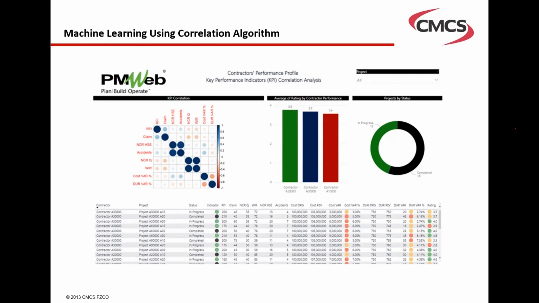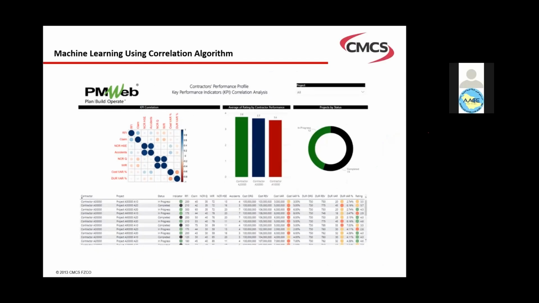Now, the same thing could be found on other items. You might find that on a project with a high volume of early warning notifications, potential claims or potential changes, it has a major impact on the quality of the risk register. So this is one part of machine learning. The other type is what we call supervised machine learning, where you start getting expert in analyzing those items and capturing the information.